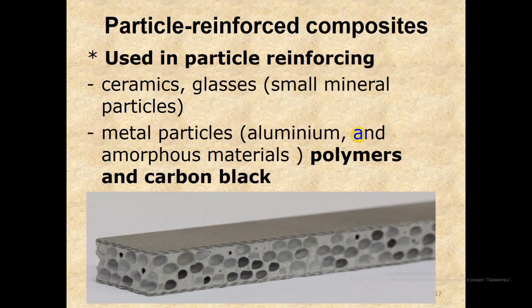The first type, particle reinforced composites, used in particle reinforcing ceramics, glasses, small mineral particles, metal particles, aluminium and amorphous materials, polymers and carbon black.